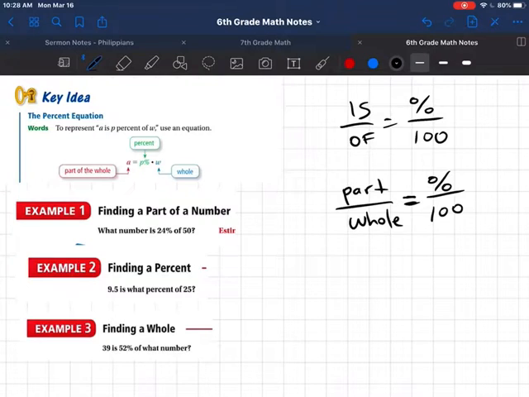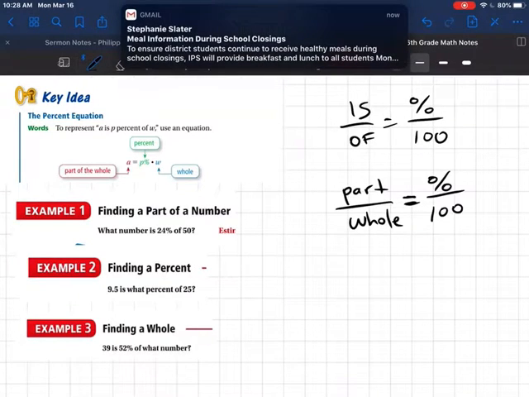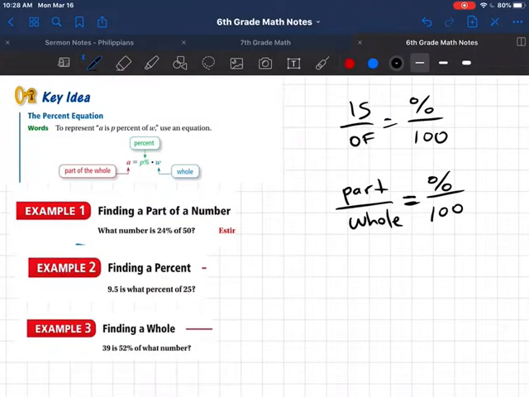They abbreviated this as part being A, whole being W, and P being P percent, P over 100. So these three equations are all saying the exact same thing.